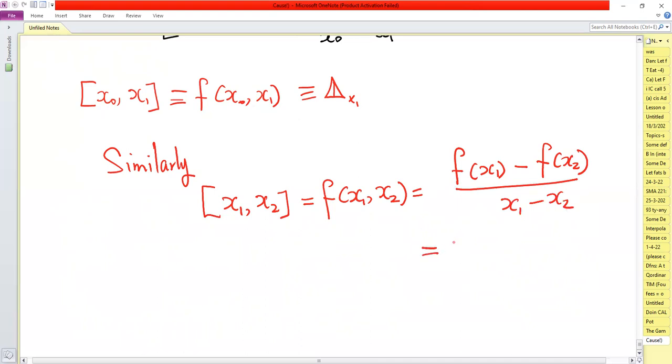Or we can write this one as the value of the function at x2 minus the value of the function at x1 divided by x2 minus x1.